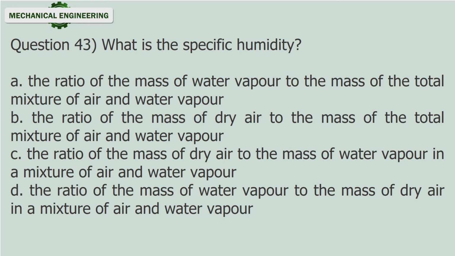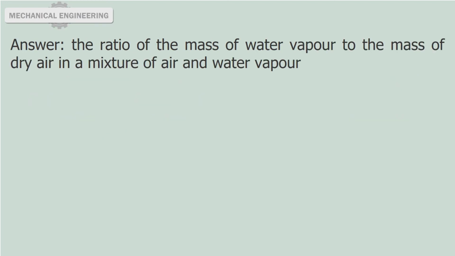D. The ratio of the mass of water vapor to the mass of dry air in a mixture of air and water vapor. Answer: the ratio of the mass of water vapor to the mass of dry air in a mixture of air and water vapor.